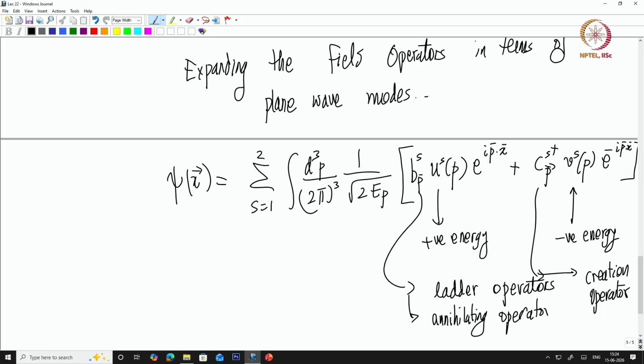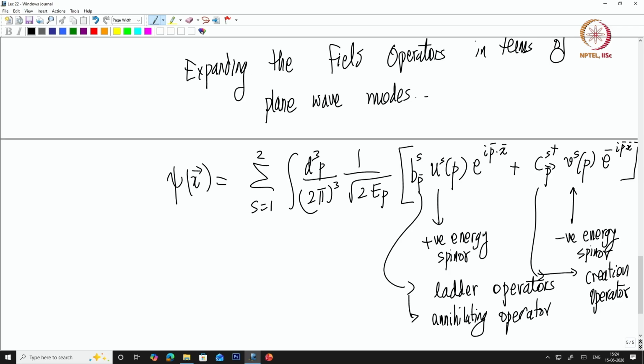So on the vacuum, psi of x annihilates a particle and creates an antiparticle essentially. That is the basic expansion we have done, and each comes with its spinor wave function. This is the expansion in modes, and we need two sets of creation and annihilation operators.